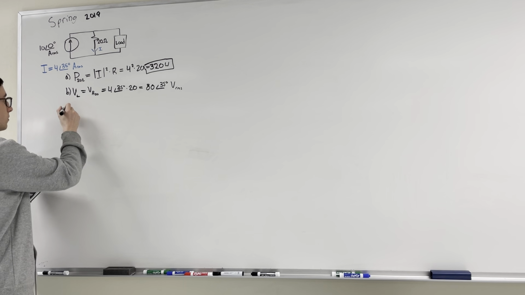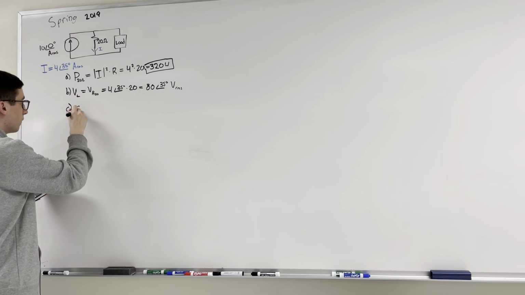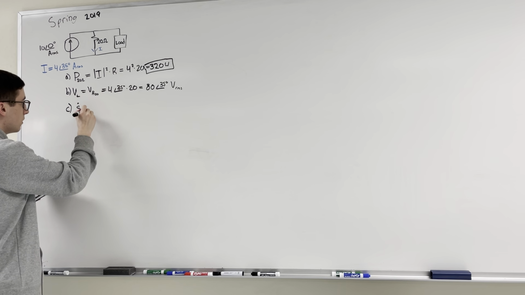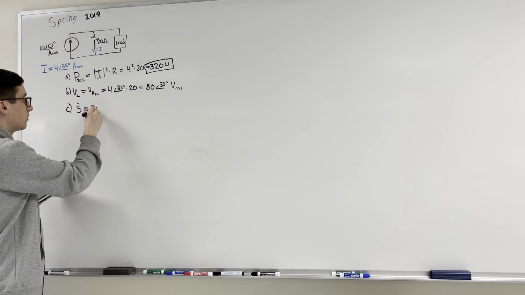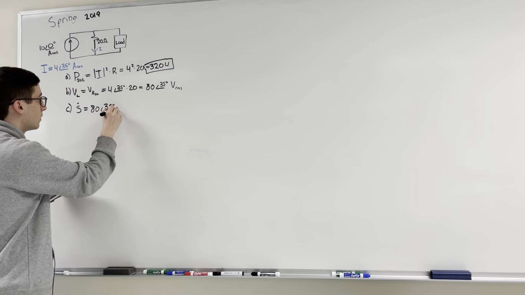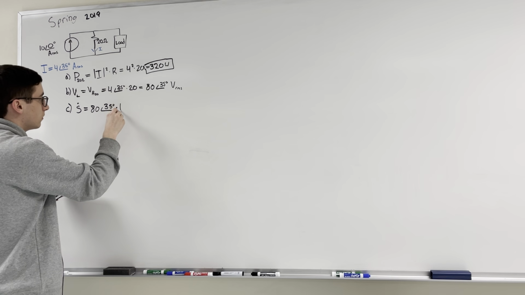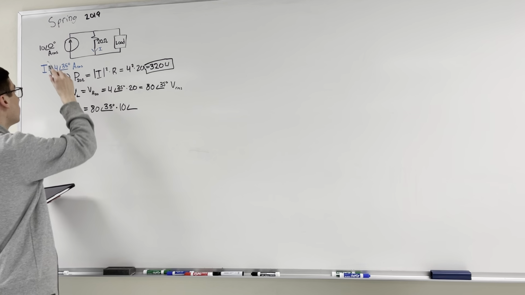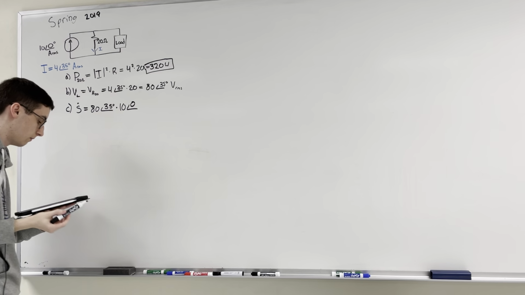So we're finding the complex power, which is going to be equal to 80 with the phase angle of 35 times the conjugate of 10 with the phase angle of 0. The complex conjugate of a phase angle of 0 is 0.